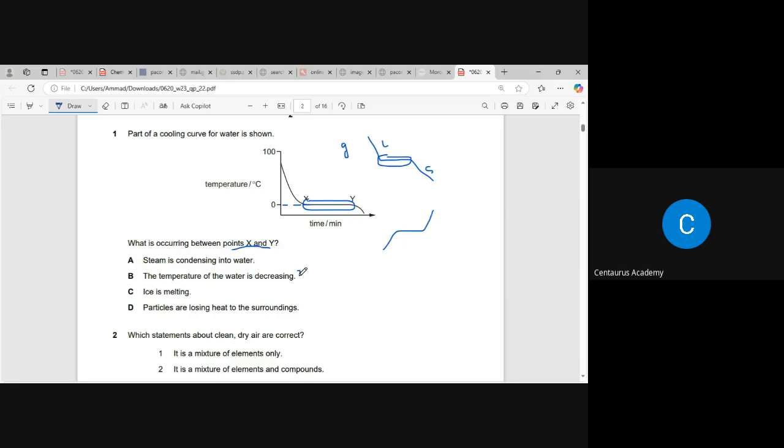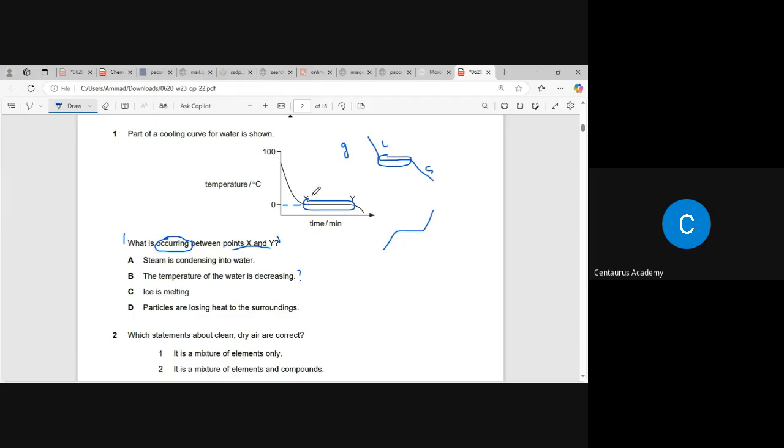Yes, Zoya. Okay. So you have to look into the words very carefully. You have to look into the context of the question very carefully. This is only part of the cooling curve. This is not your complete cooling curve. And they're talking about what is taking place between these two specific points, between X and Y.